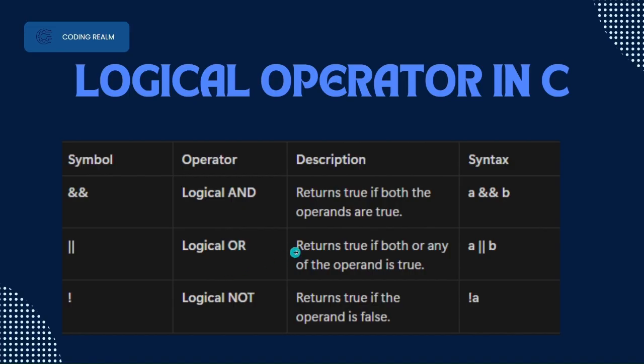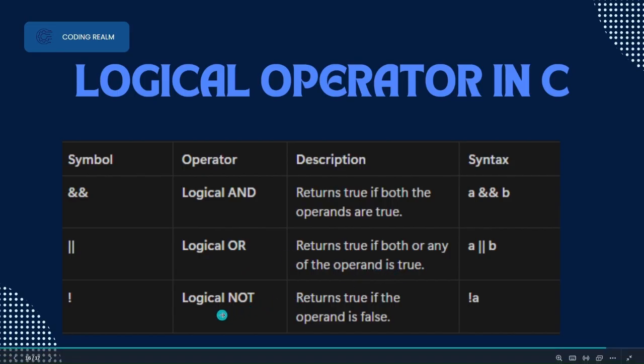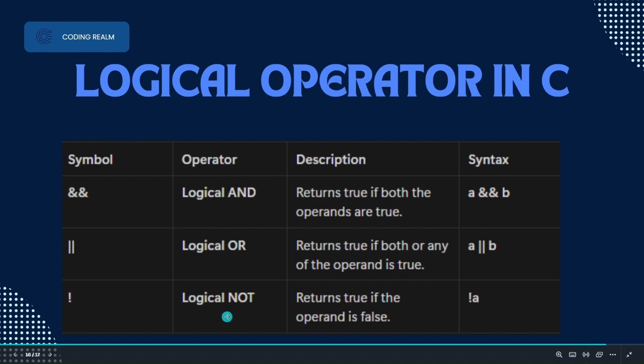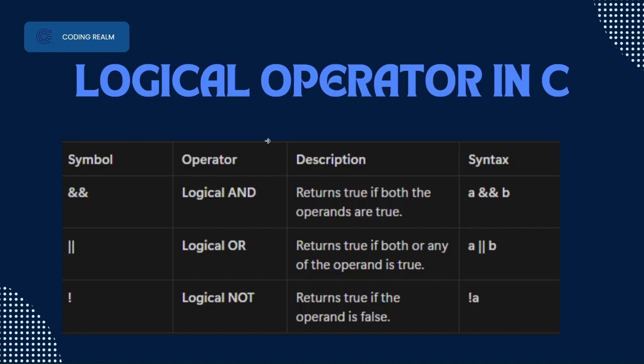Or returns true if any of the operands is true, a or b. Not returns true if the operand is false, not a. This is also a logical operator in C.